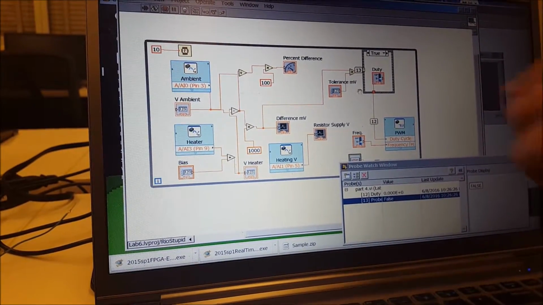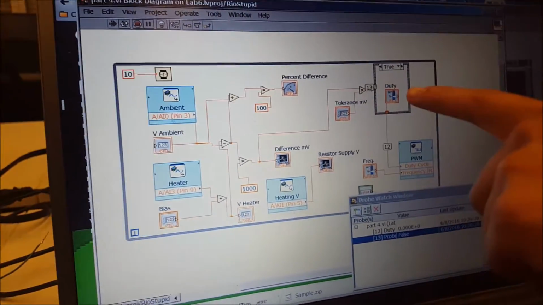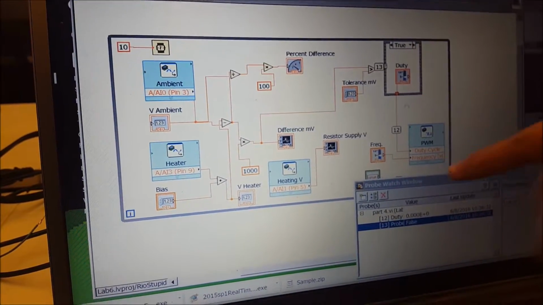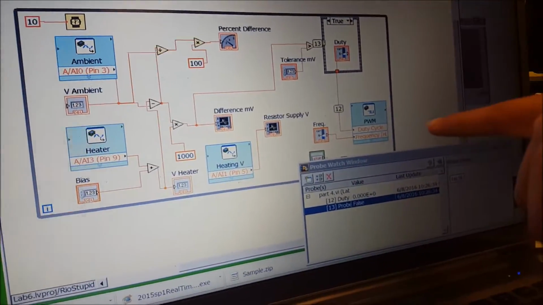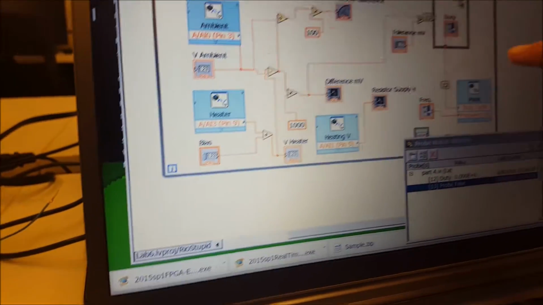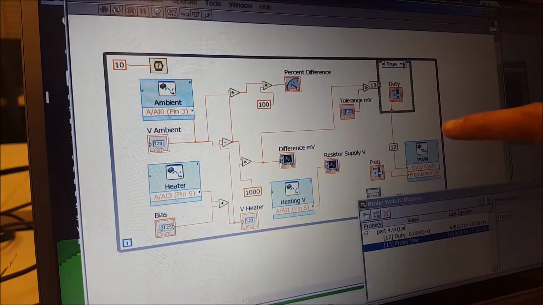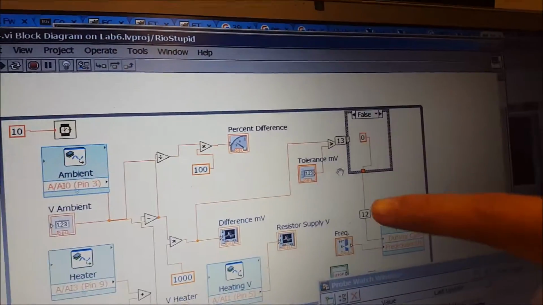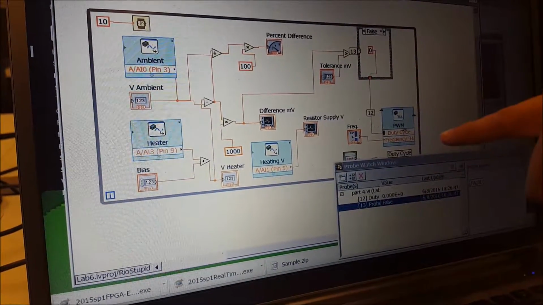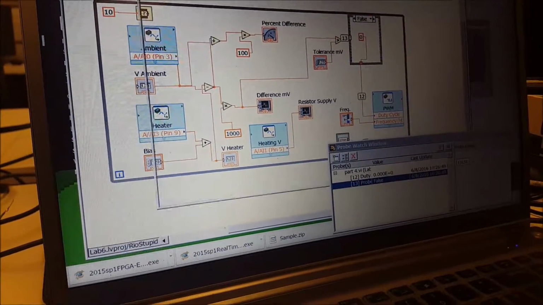If it reads the difference to be above the tolerance, then it's true, and the duty cycle ends up being whatever the user sets it at, in this case 1. If this difference is lower than the tolerance, then the duty cycle ends up being 0, so off.